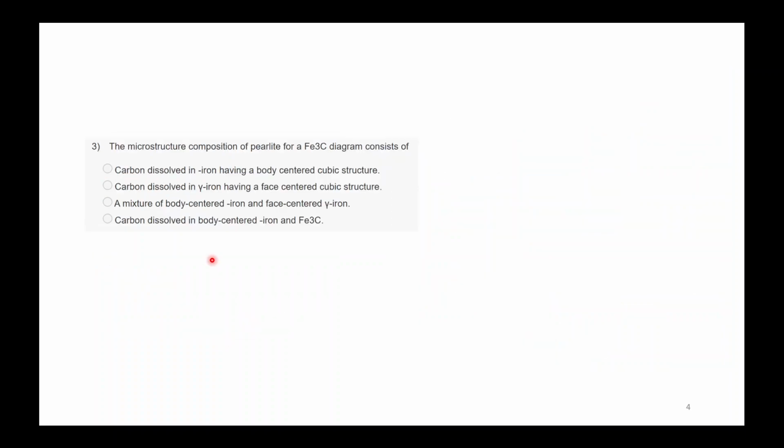Now for the third question: the microstructure composition of perlite for an Fe3C diagram consists of. It is asking what perlite consists of. We know that perlite is a phase mixture.